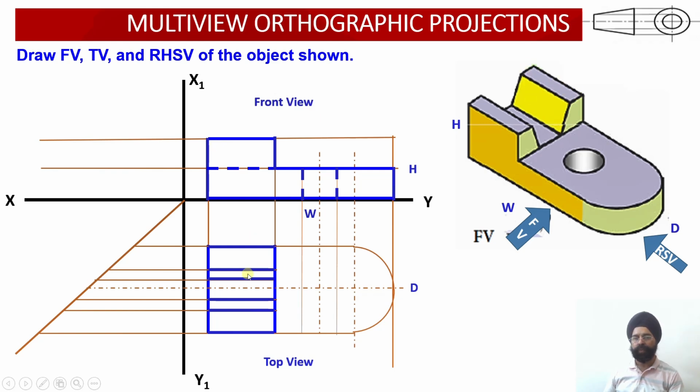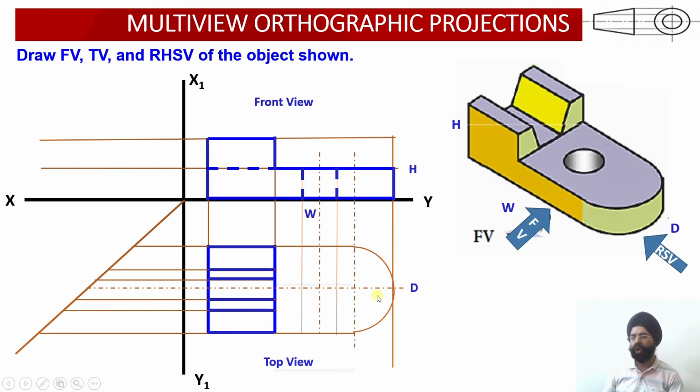But these smaller rectangles are also drawn to take care of these slant surfaces. So this edge will be drawn, this edge will also be drawn, and the slant will give me this position over here. This is the apparent shape of this slant surface. This is also the apparent shape of the slant surface. This is true shape. This is true shape.